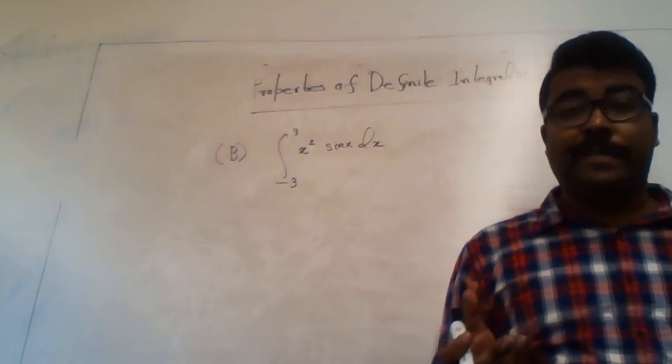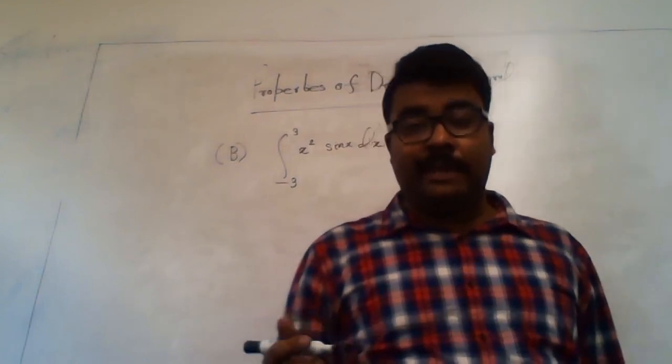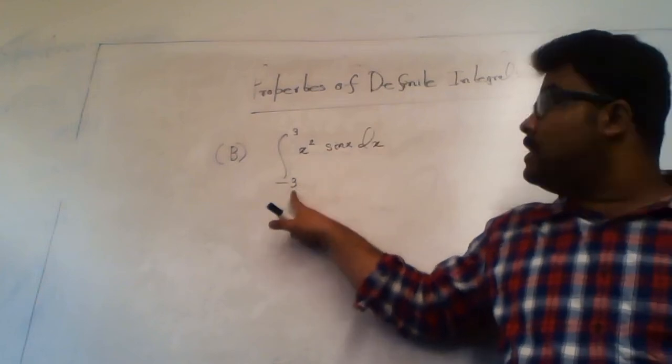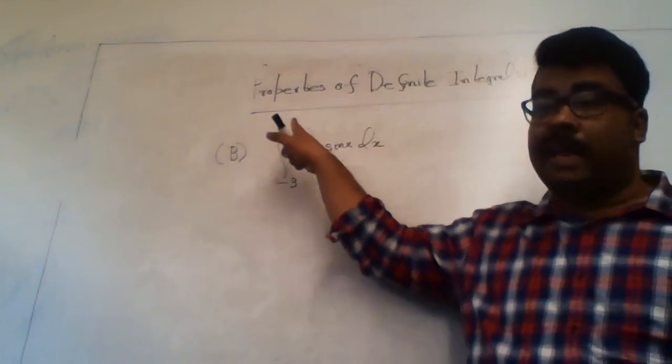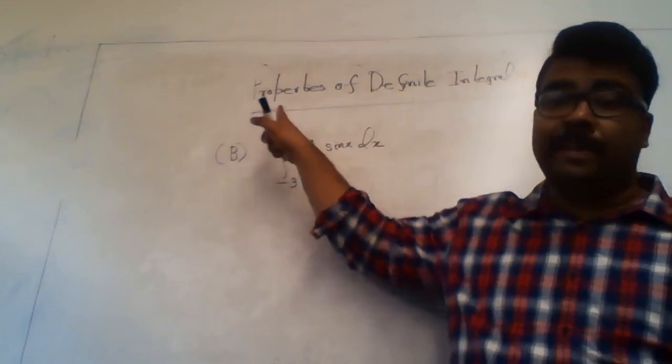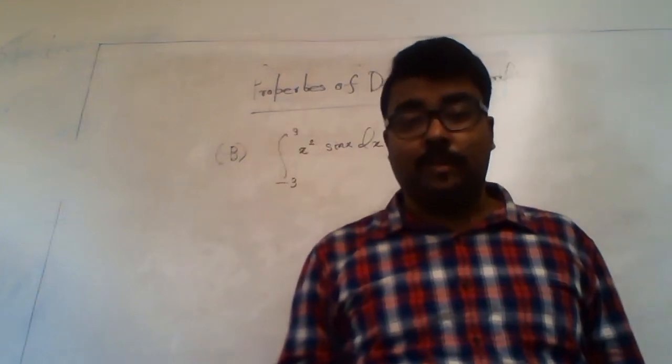So what does that property say? That property says that if I have an odd function and integrate it between a limit and its negative, then the value of this integral is 0.